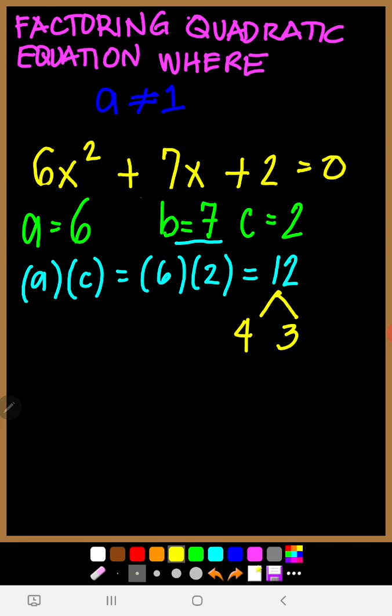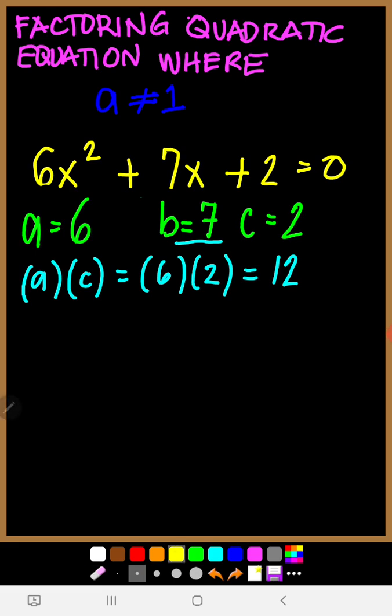Correct? 4 times 3 is equal to 12. And then if you add 4 plus 3, that is equal to 7. So we are going to use these two numbers, 4 and 3. So with this 4 and 3, we are going to change 7x into 4x plus 3x.